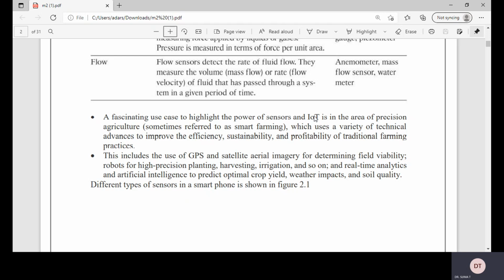So to find the humidity, water content and fertility of the soil, a variety of technical advances improve the efficiency, sustainability and profitability of traditional farming practices, including GPS and satellite aerial imagery for determining field availability, robots for high-precision planting, harvesting, irrigation and so on. Real-time analytics and artificial intelligence predict optimal crop yield, weather impacts and soil quality.